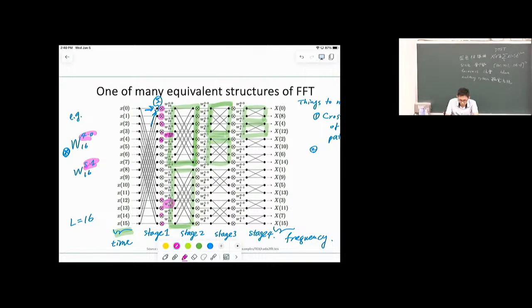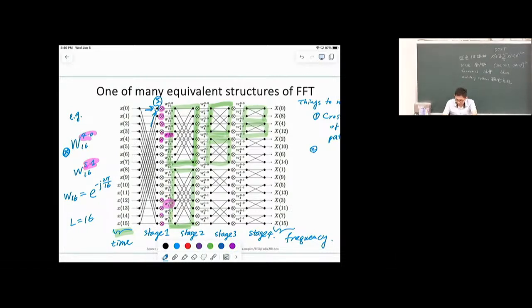Okay, really, these are the exponents. But then, what is W? The subscript 16 here indicates W16 is this factor, e to the j minus 2 pi divided by 16. That's the subscript.